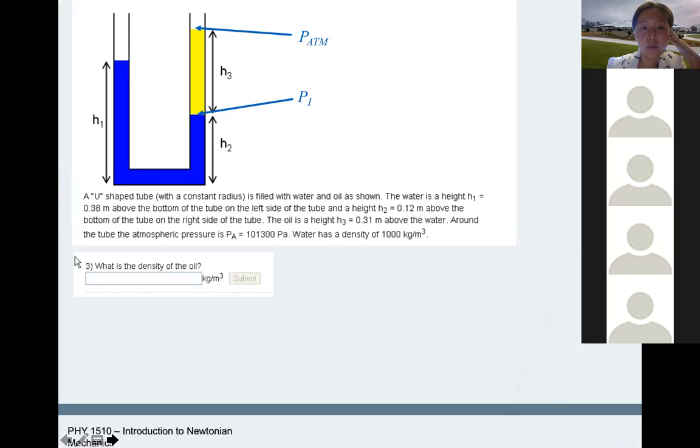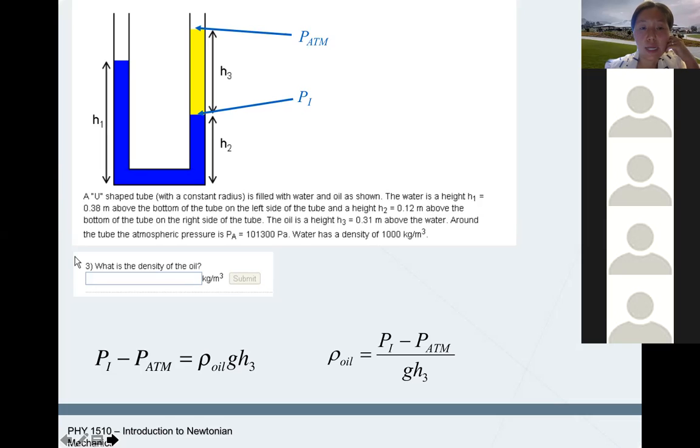You're able to write down an equation relating P at the interface, which is equal to the pressure of the atmosphere plus whatever extra pressure is brought on by that extra column of oil. So the difference between P_I and P atmosphere is simply the extra added column of the oil, which is the density of the oil times g times H3. That allows you to calculate the density of the oil.